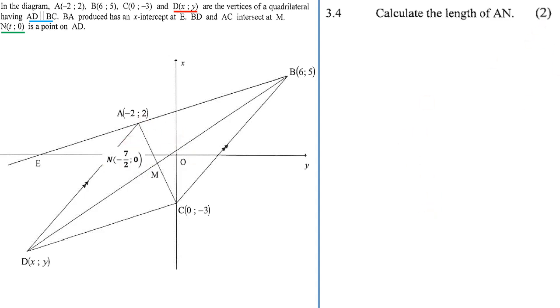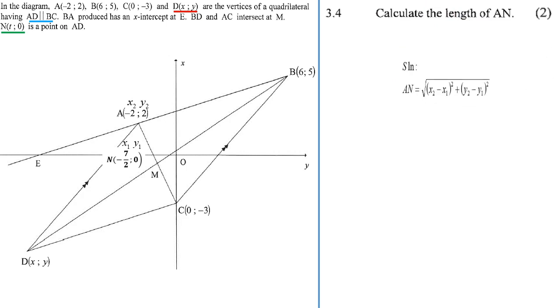Remember, t was found to be -7 divided by 2. So let me just put it here so that you remember. Now what do we do? Length means distance, so you must choose the correct formula. Let's label x1, y1, and then x2, y2. That is the first step.